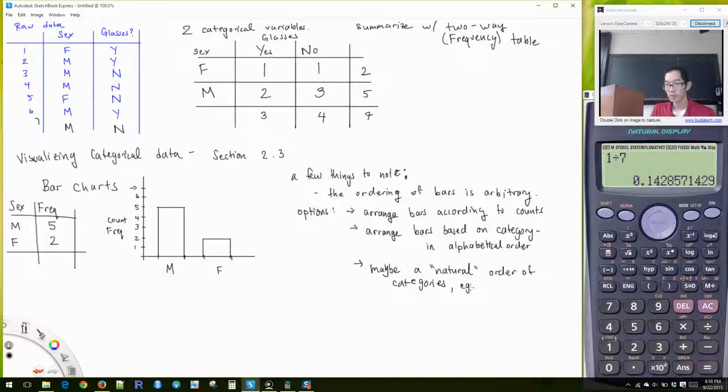So there might be a natural order to the categories. But the truth is any arrangement is valid for a bar chart.